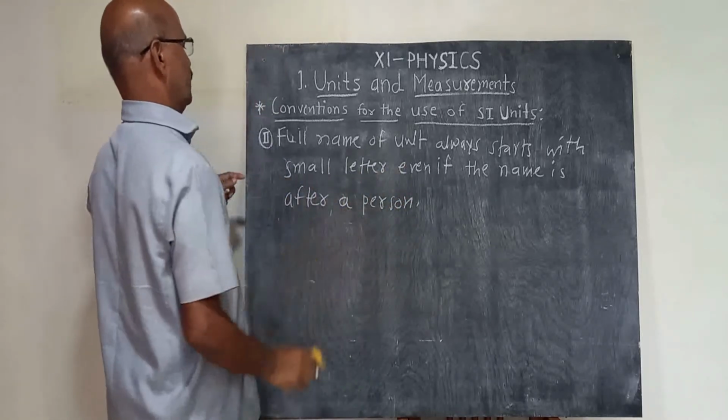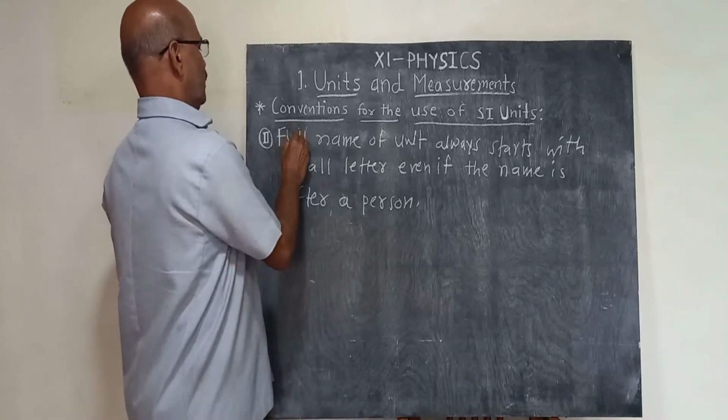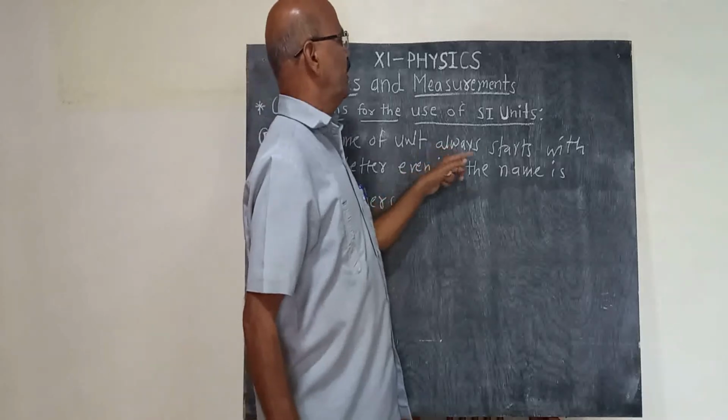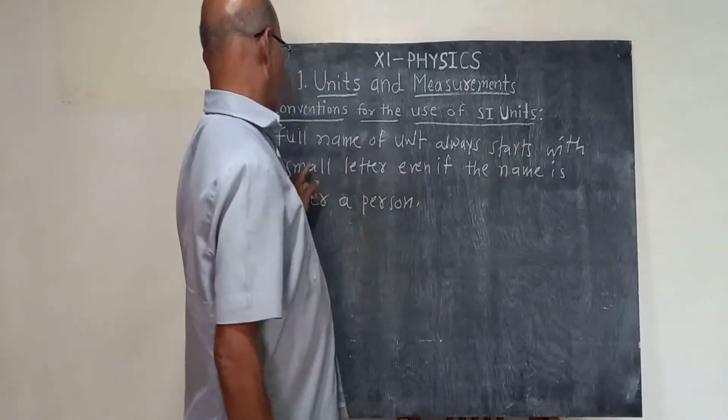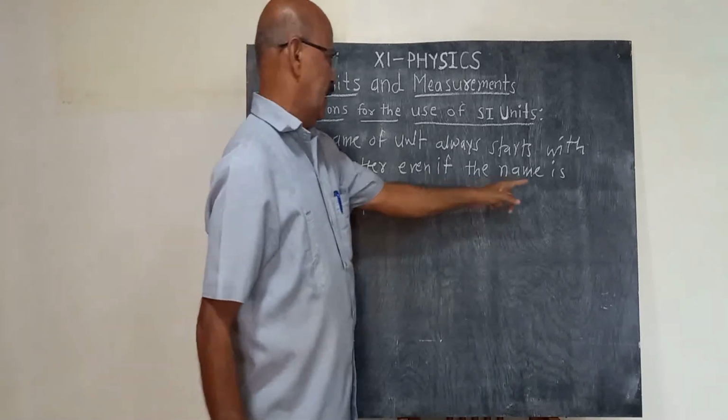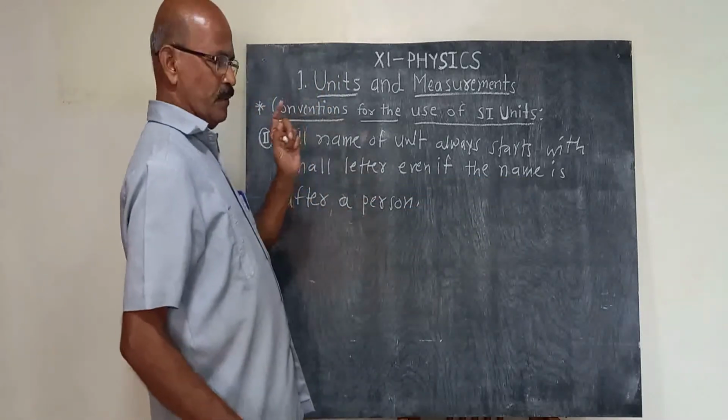See the second convention: the full name of a unit always starts with a small letter even if the name is after a person.